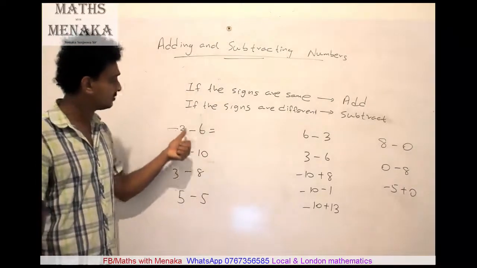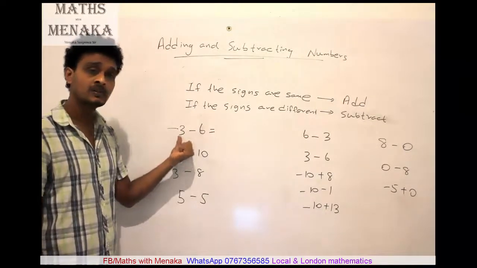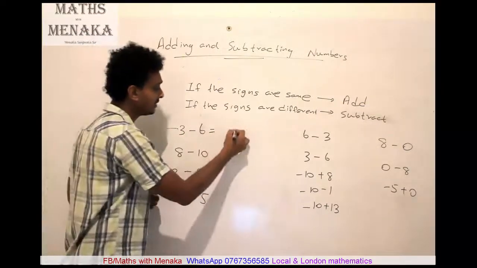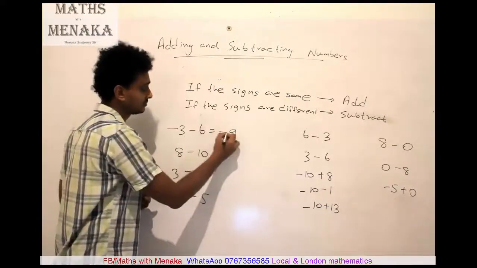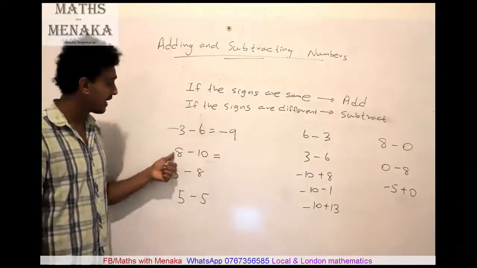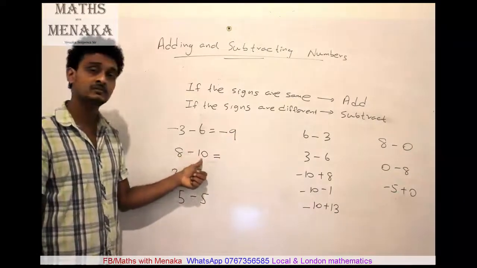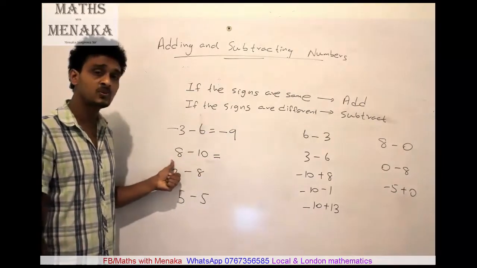These negative signs are the same, so you have to add them. 3 and 6, when you add, you will get 9. The sign of the larger one is negative. Negative 9. Go to the next one. 8 minus 10. You have to subtract because this is negative and this sign is positive.